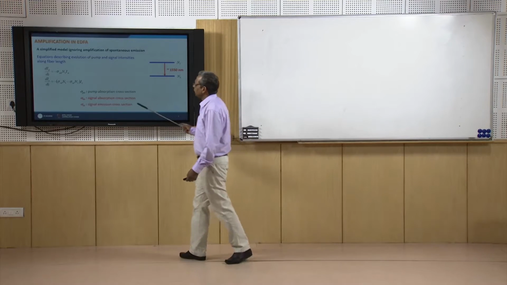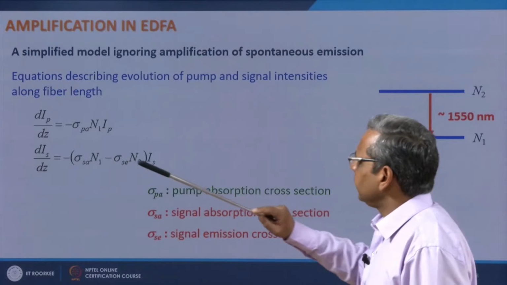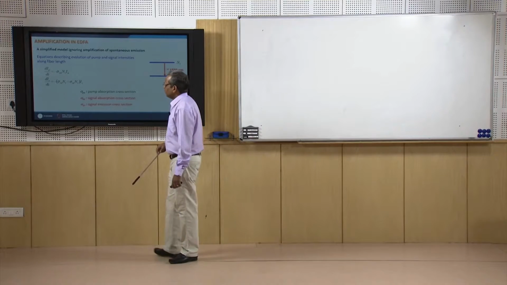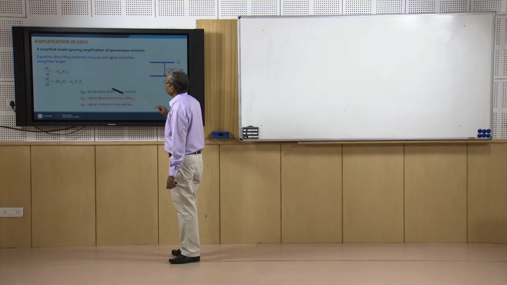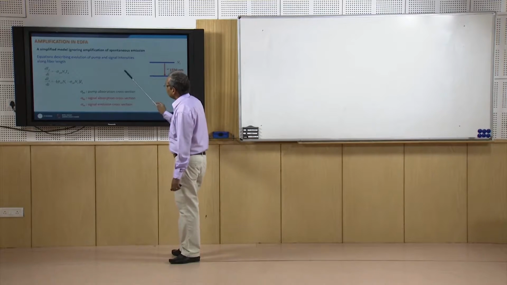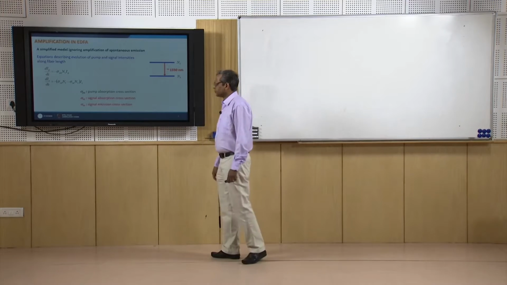So, you can see that this dIp over dz would be proportional to the number of atoms here, and what is the intensity of the pump. Similarly, this will depend upon how many atoms are here, and what is the emission cross section and what is the intensity of the signal.